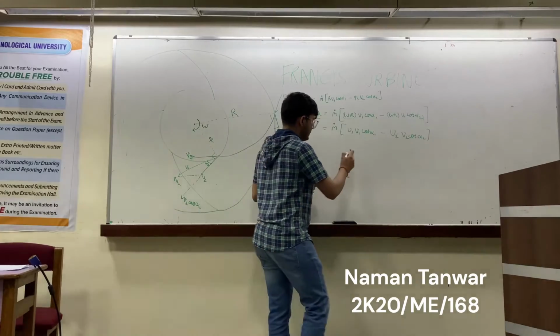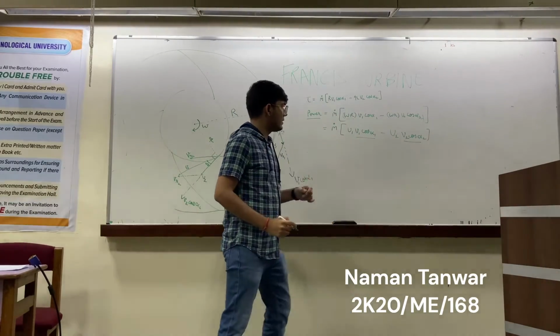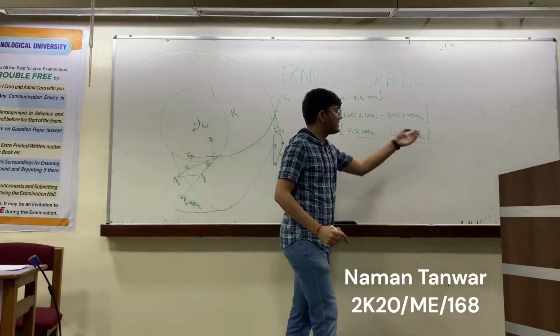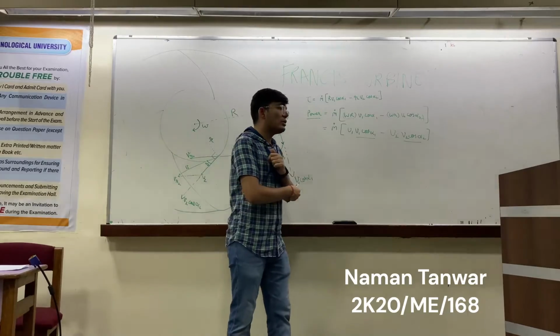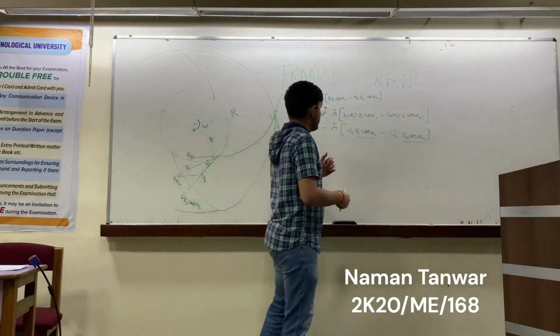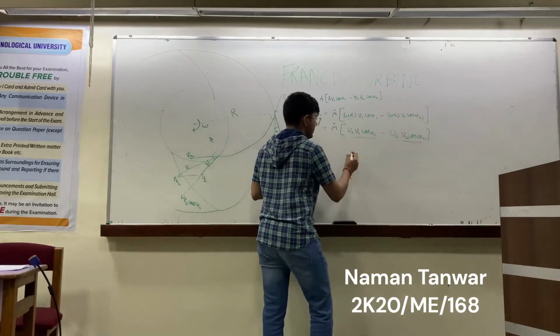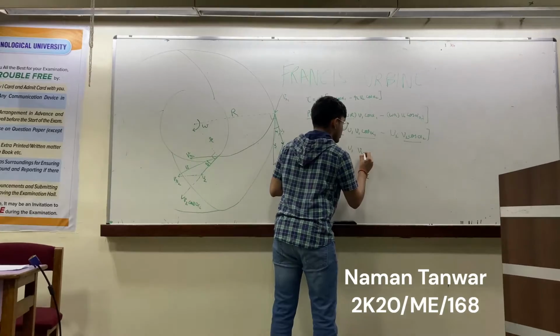Also this term, v1 cos alpha 1, v2 cos alpha 2, is known as swirl component, or you can say swirl velocity. This can be represented through V u1.